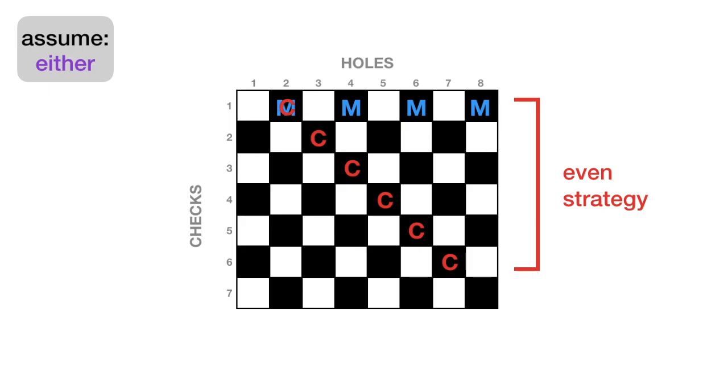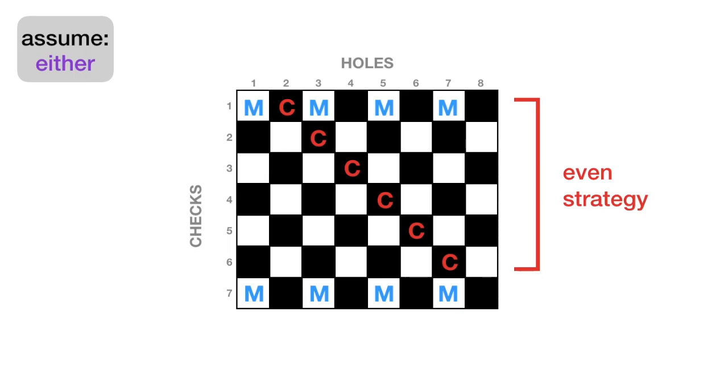If we reach check 6 only to find that we still haven't caught him, we know he started in an odd hole, which in our checkerboard diagram is a white square. This means we know where he is on the 7th check, on one of these white squares, in an odd numbered hole.